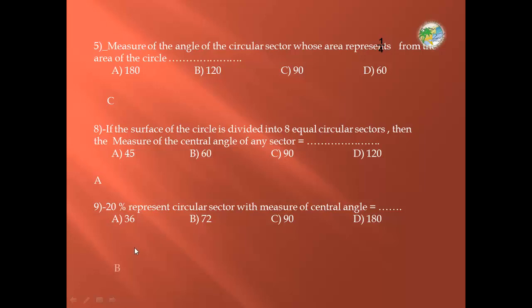Then the answer will be 72. How? 20 over 100 times 360 equals 72. Fine.